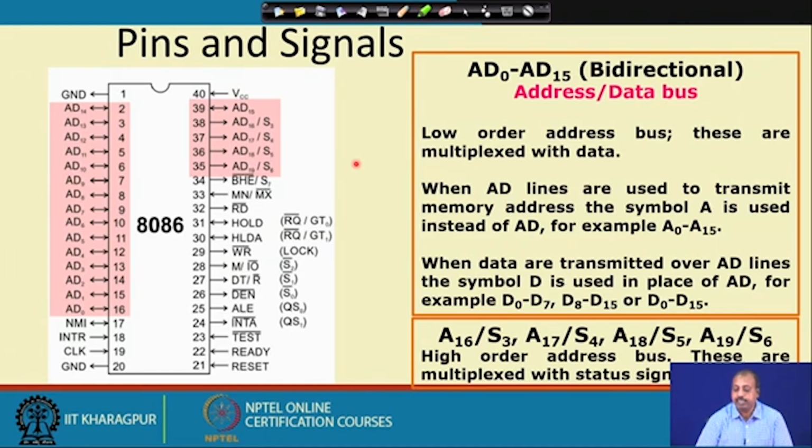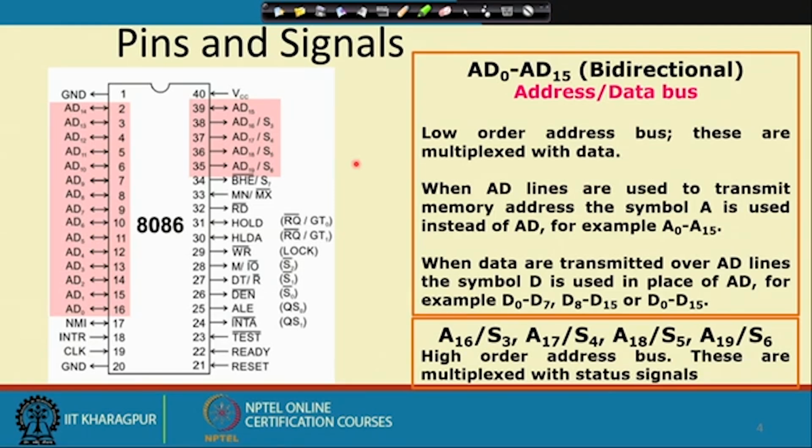When the AD lines are used to transmit the memory address, the symbol A is used instead of AD, so we call it A0 to A15. When they are used for transmitting data, we use the lines D0 to D7, D8 to D15 or D0 to D15. For an IO device, the data bus lines will be there along with a separate address line A0 to A15, and for memory access we have a 20-bit address.